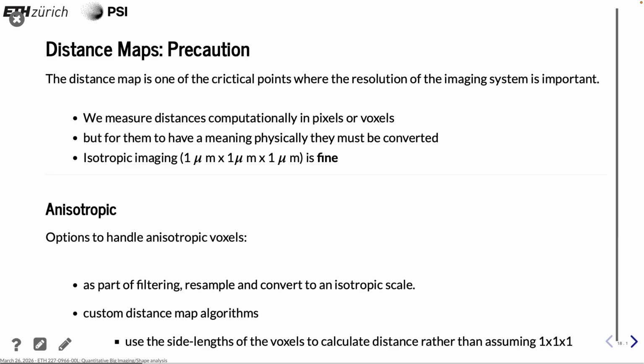But I got the question early in these lectures, what happens if you have thicker slices? So you have, for example, 1 micron by 1 micron by 10 microns. Then you have to adjust your algorithm in a way that it takes care of this anisotropy in the voxels. Otherwise, you will have very misleading results in your distance map.